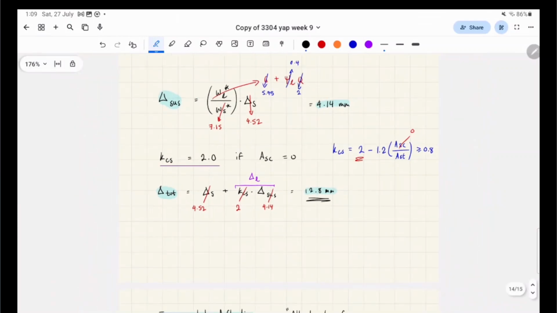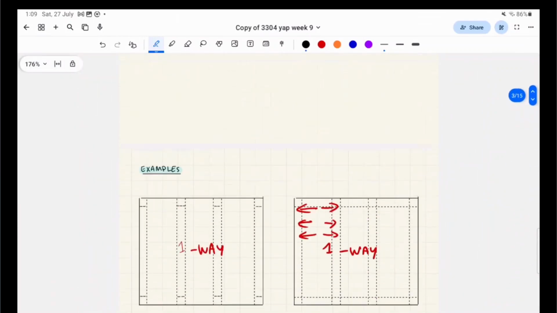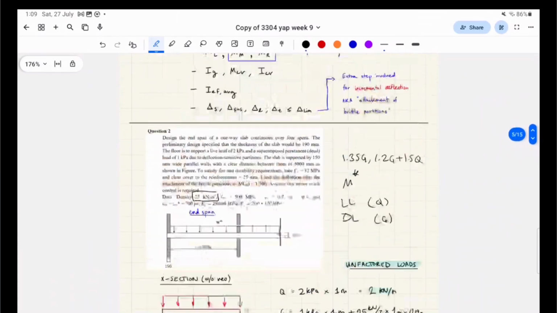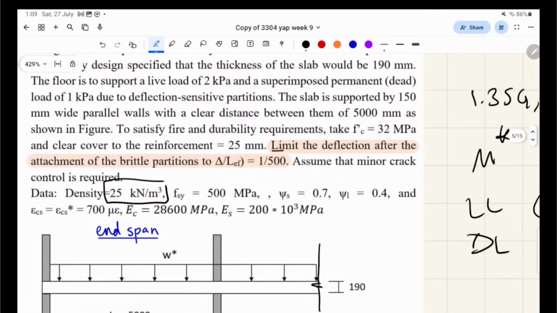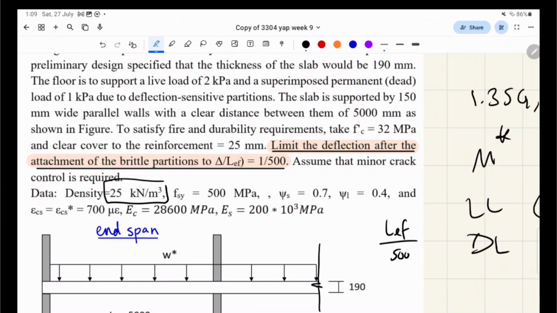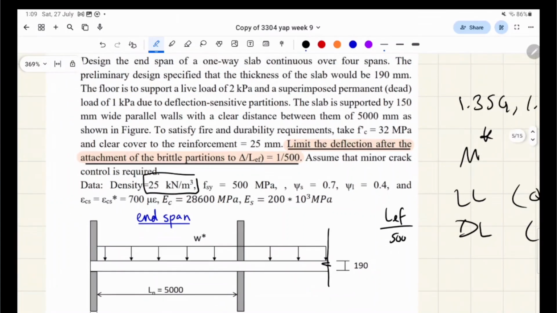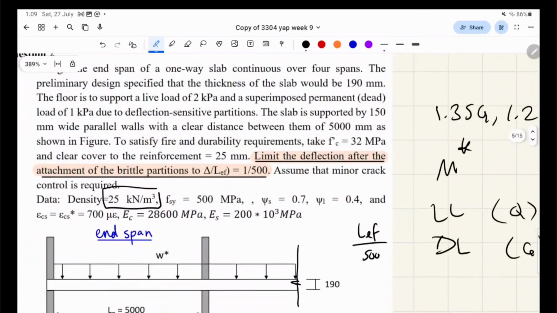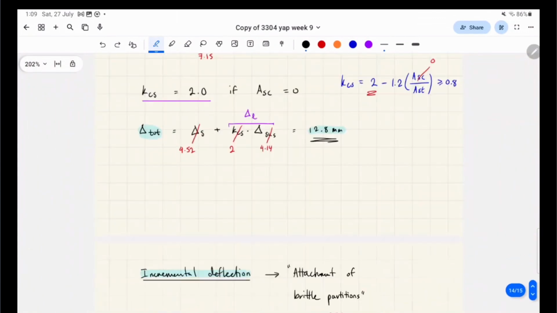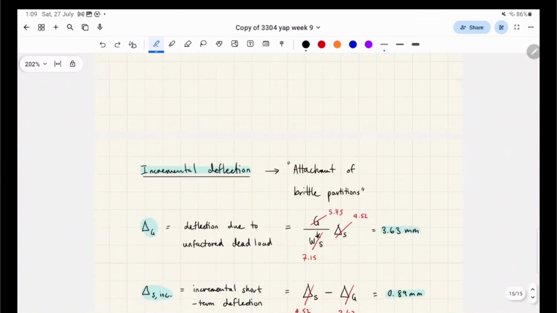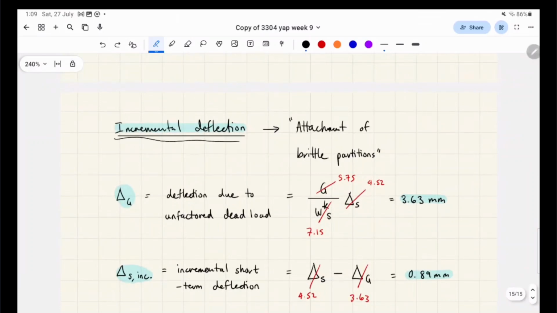Basically, here's where it gets a bit weird, right? The question said limit the deflection after the attachment of brittle partitions to LEF over 500, right? But attachment of brittle partitions is a kind of weird thing which I've only seen in this question, but it's to do with incremental deflection.